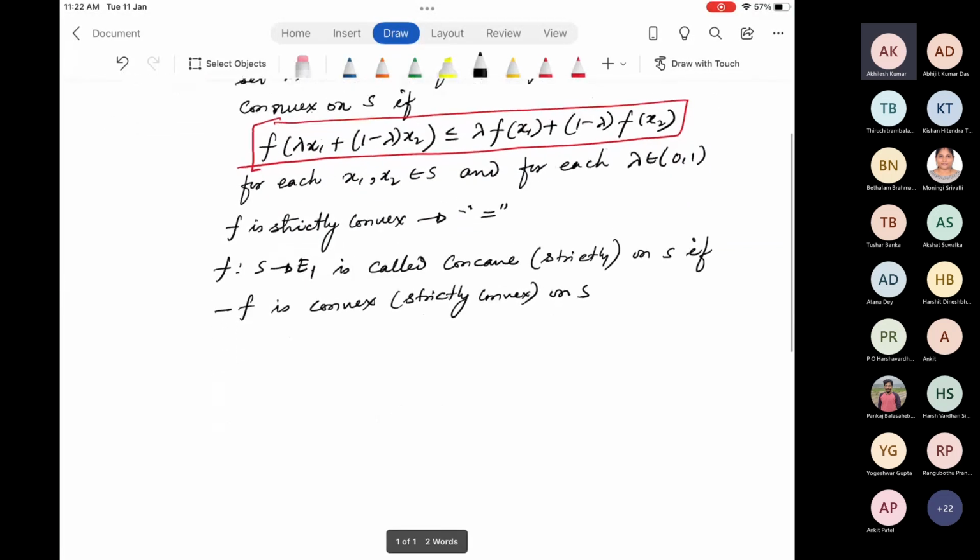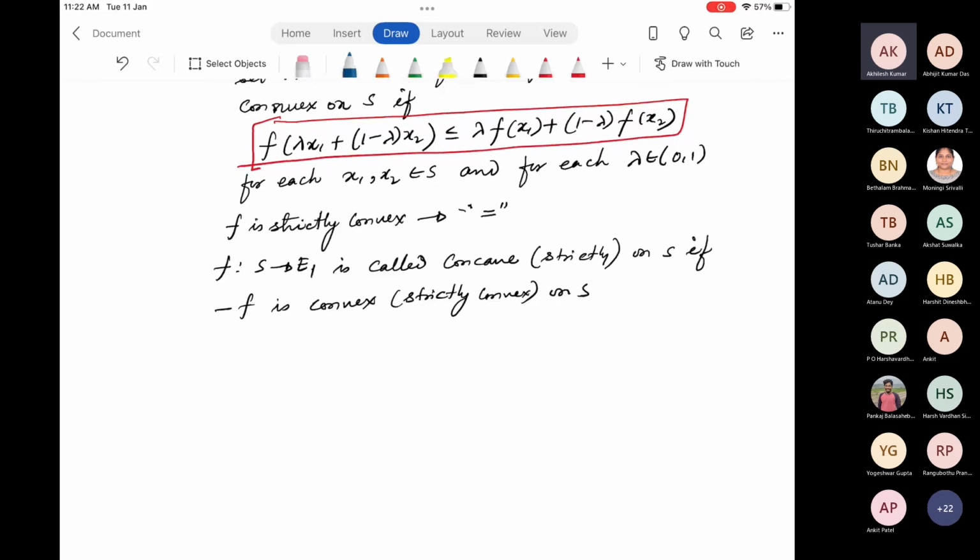Let's try to understand graphically what we are trying to achieve here. So suppose a convex function, and let me use another line. So I have x1 here and x2 here.